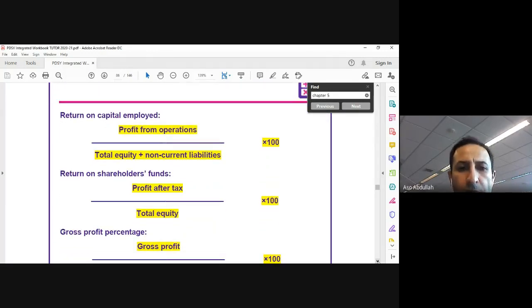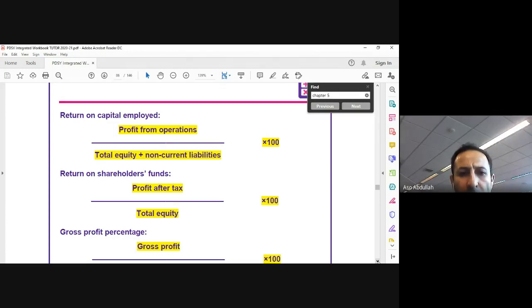Okay, so first of all, we can understand the level of profitability of a company through return on capital employed. What does that mean, return on capital employed? We can understand it through this formula.